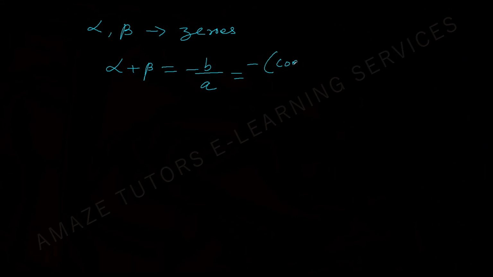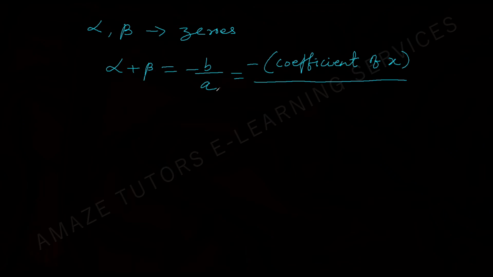If alpha and beta are the zeros or roots, we know that sum of the roots is equal to negative b by a. What is b? I told you, coefficient of x. Over, what is a?